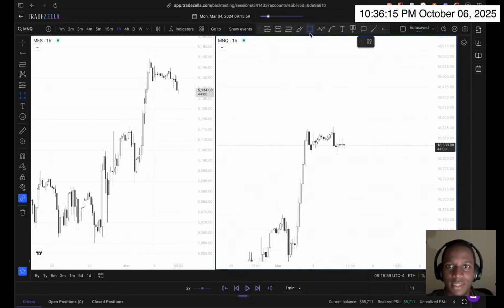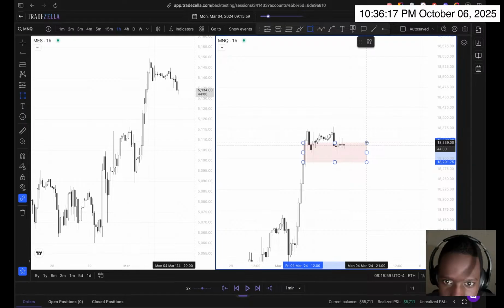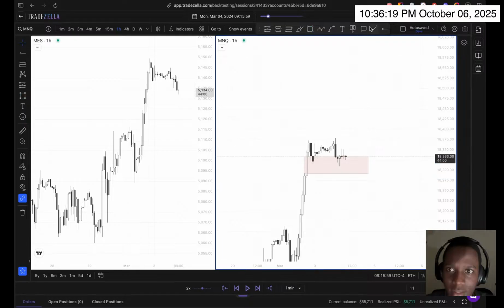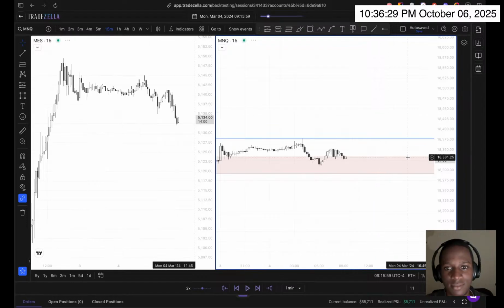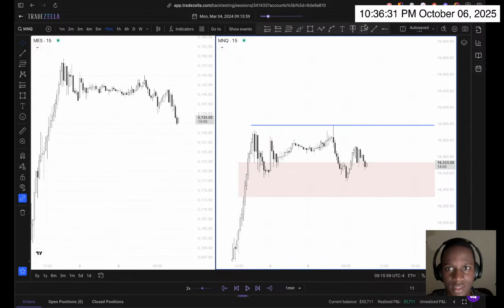Now I've got this fair value gap here and some relatively equal highs. Really short range here, like 46 handles, and on the 15, I'd like to see these internal lows get taken out.